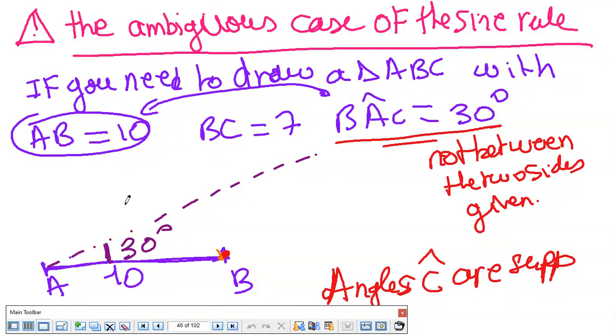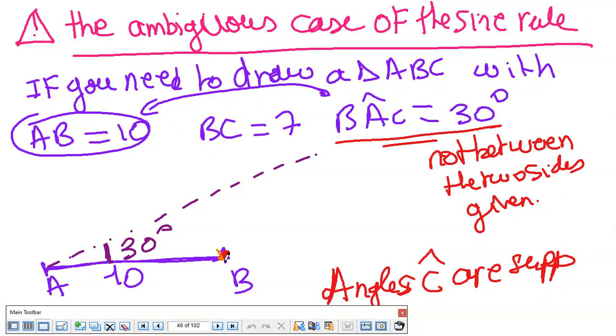For example, if you try to draw it, you will draw the side AB. Okay, excellent. I need the angle BAC to be 30 degrees. I made a 30-degree angle, but where am I going to put C? I don't know where I need to put it. But I know that BC is 7, so I know that BC should be somewhere here, 7.